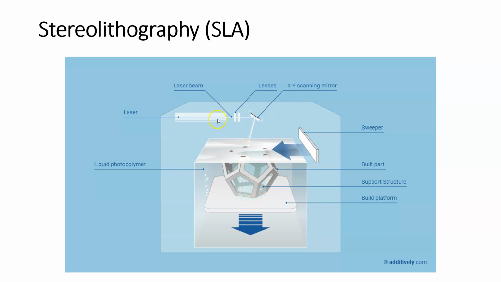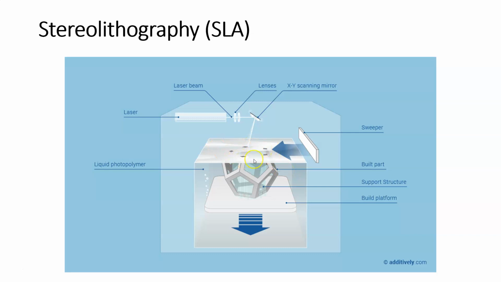And we have the laser going through some focusing lenses, and it's striking the XY scanning mirror, also known as the galvanometers, or galvanometer. And this is a mirror that's going to be moved with motors very, very precisely, and you can see it right here, so the laser is basically going to trace out the shape of each layer. All right.